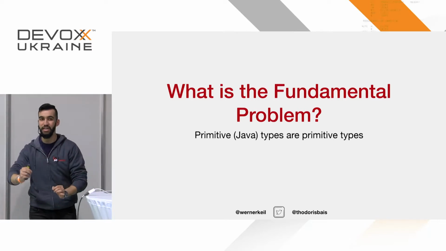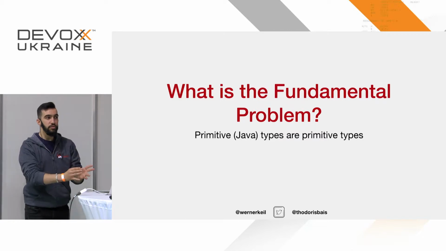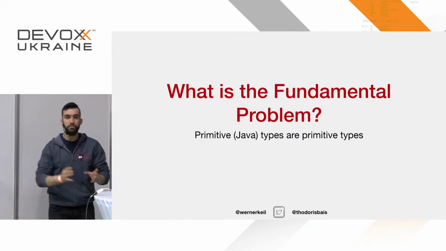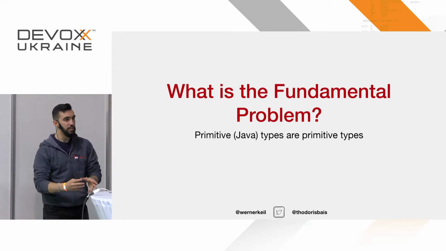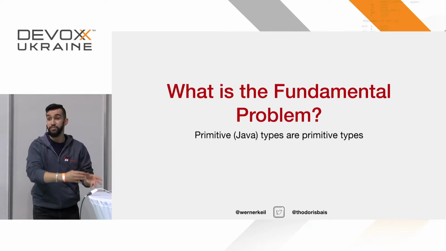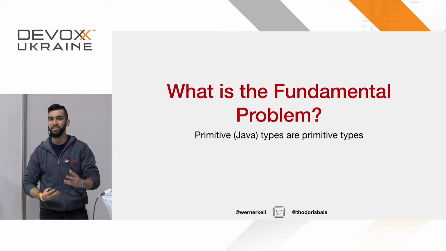Primitive (Java) types are just primitive types. And why is the word Java in parentheses here? Just because the same applies to any other programming language, right? So you could have C++ in the parentheses: primitive C++ types are just primitive types. So what does that actually mean?